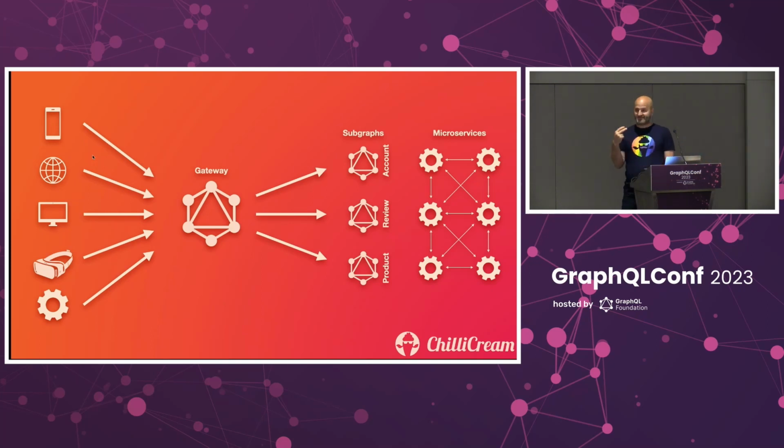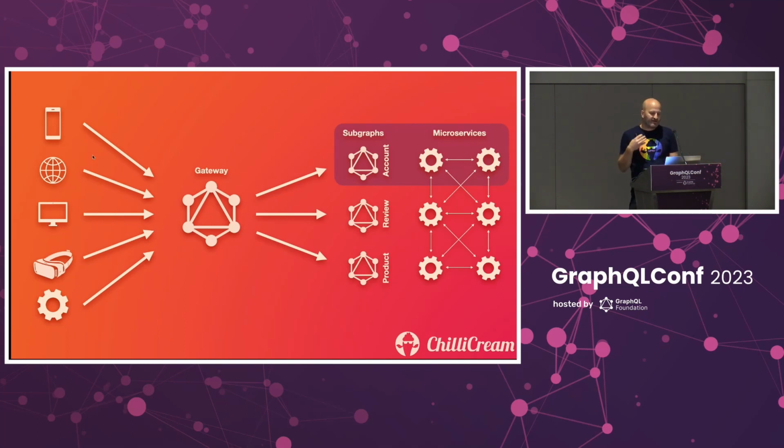But if you have the scale needs, you have lots of teams, lots of developers that are basically competing over updating this gateway, your composed GraphQL schema, distributed GraphQL is really a good idea, because now we can have organizational responsibilities, like teams taking responsibility for part of your graph.